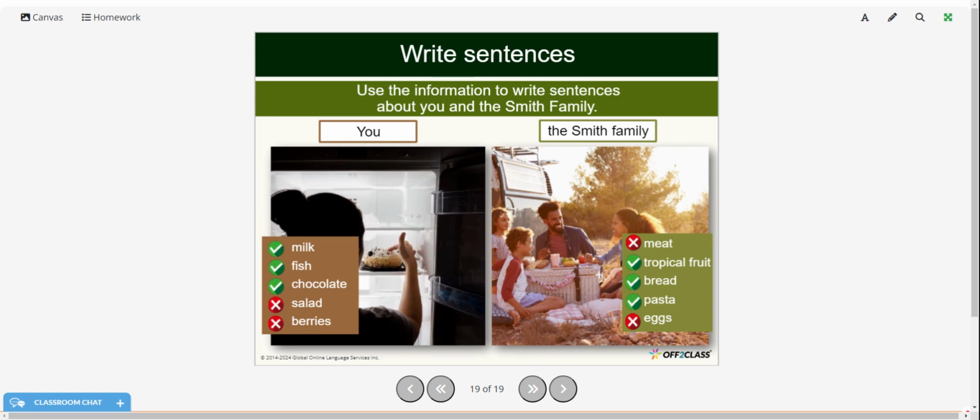Same thing over here for the Smith family. The ones in red are the ones that they don't eat, and then the ones in green are the ones that they do. So we're going to write some sentences. These don't have to be questions. These can just be sentences. So go ahead and try that and pause the video and then restart when you're ready to check your answers.